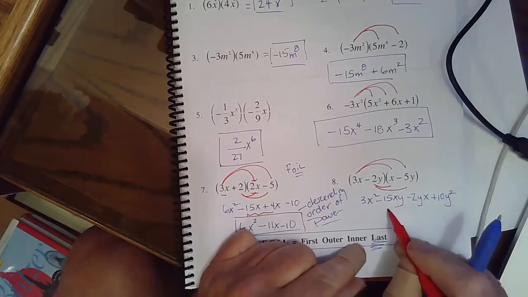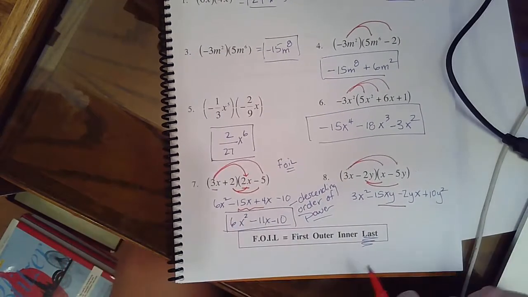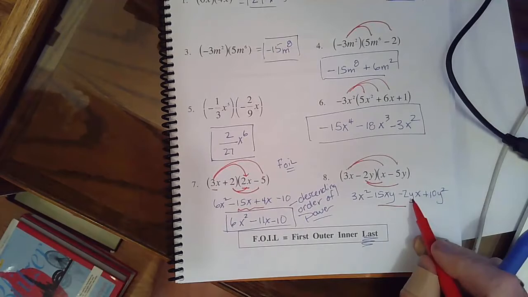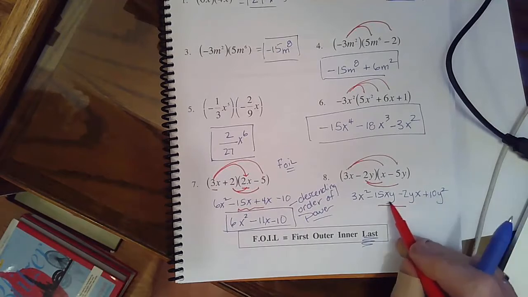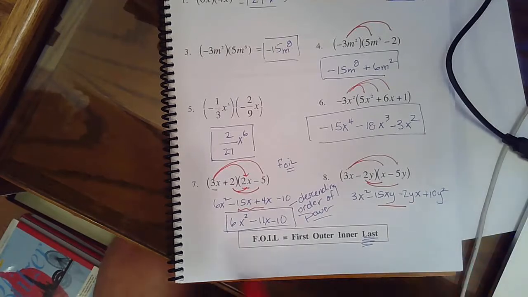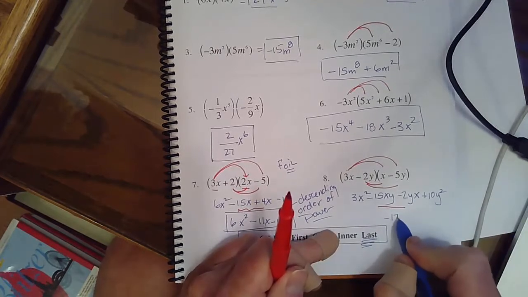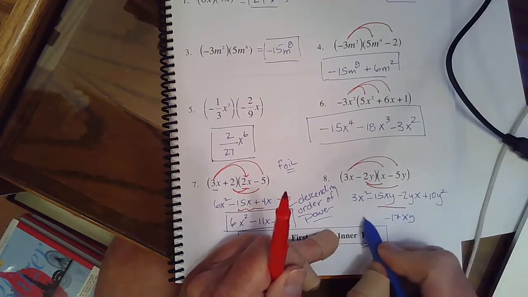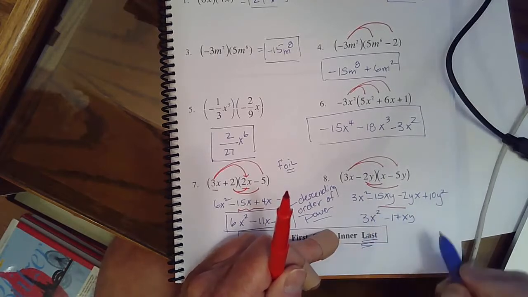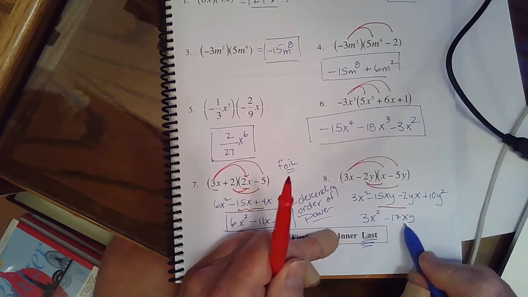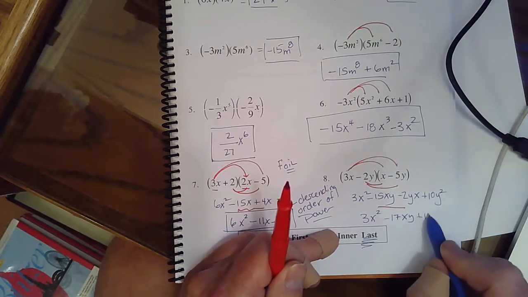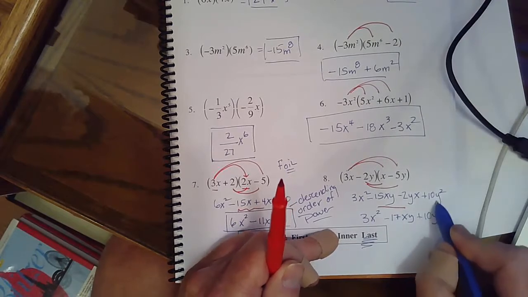Now these two terms are like, remember, as long as the variables are the same, they're just in a different order, that's okay. These are like terms. So here we get, I'll make the x first, 3x squared, negative 17xy, and then plus 10y squared.